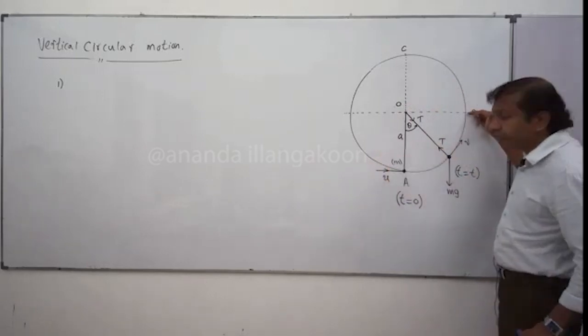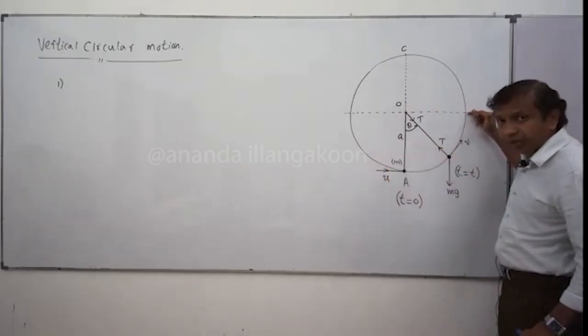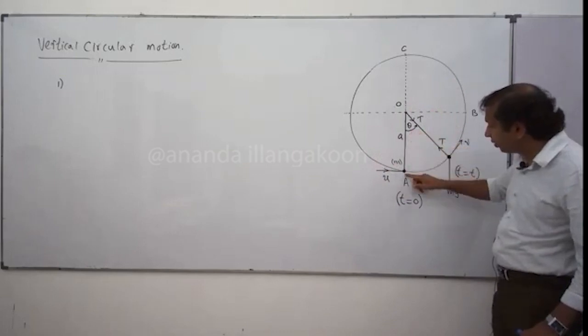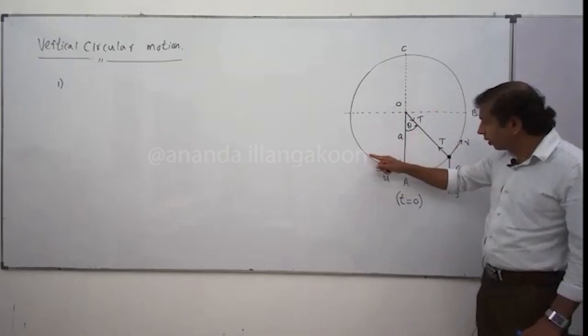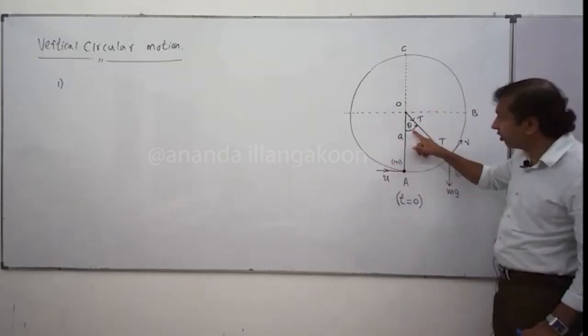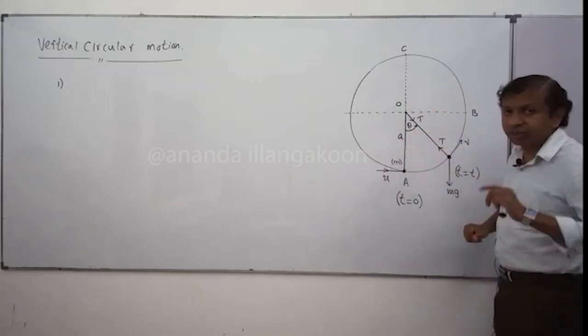Before reaching this point B, when theta is acute, the particle can oscillate this way. That is the first possibility.